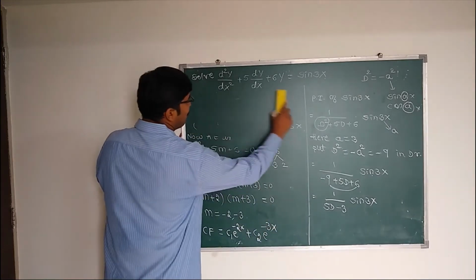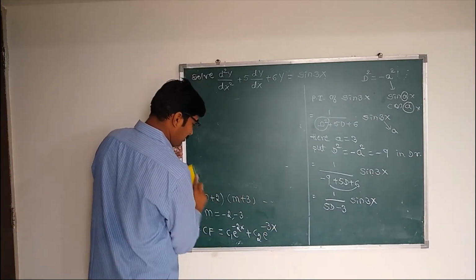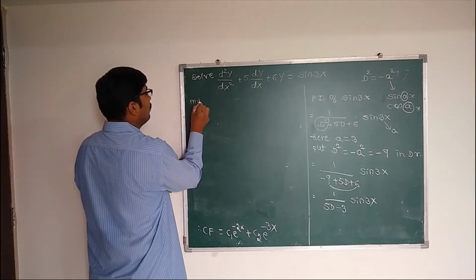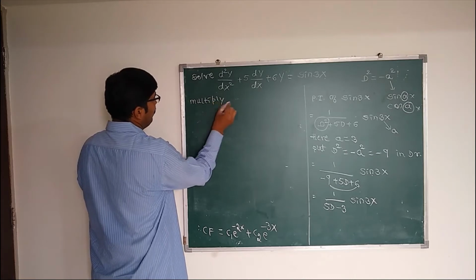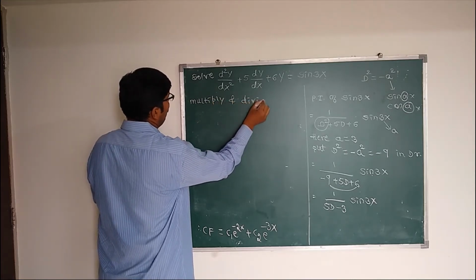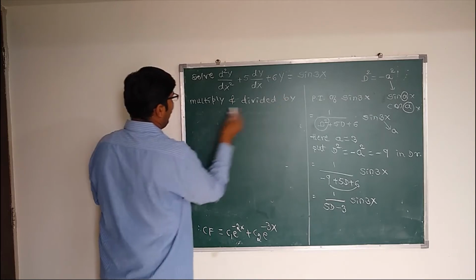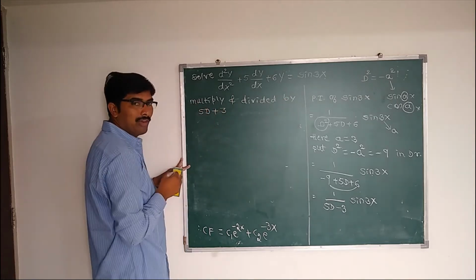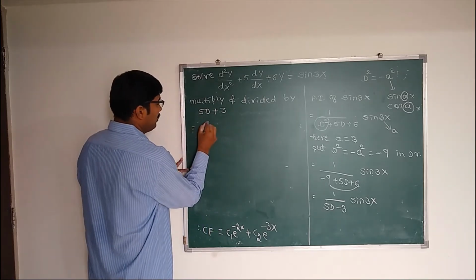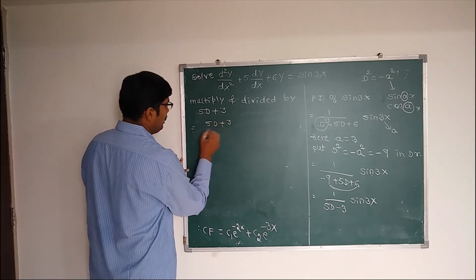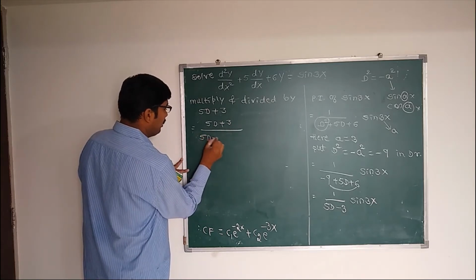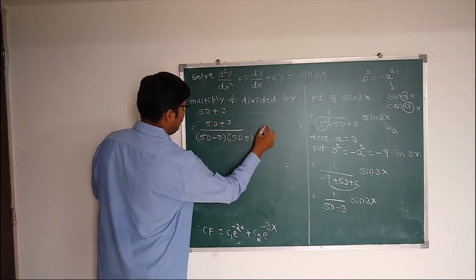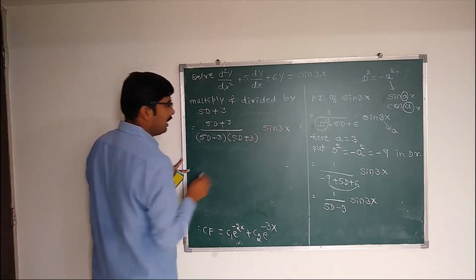So I will write here, multiply and divide by 5d plus 3. So how much will you get? 5d plus 3 divided by 5d minus 3 into 5d plus 3 of sin 3x.